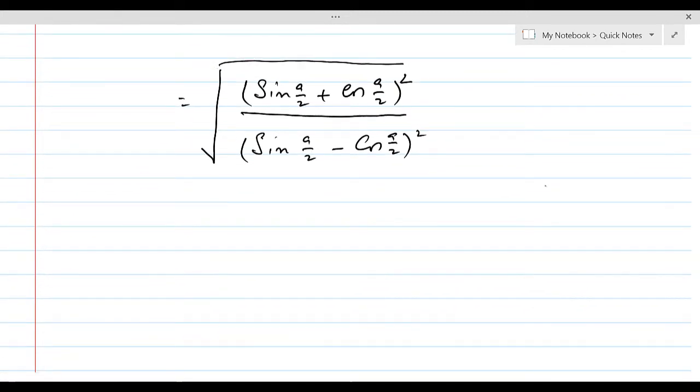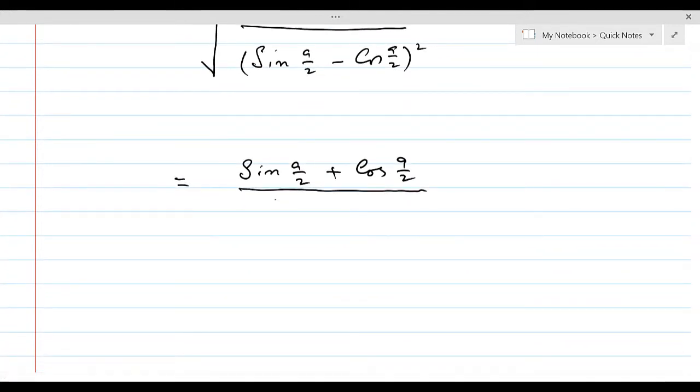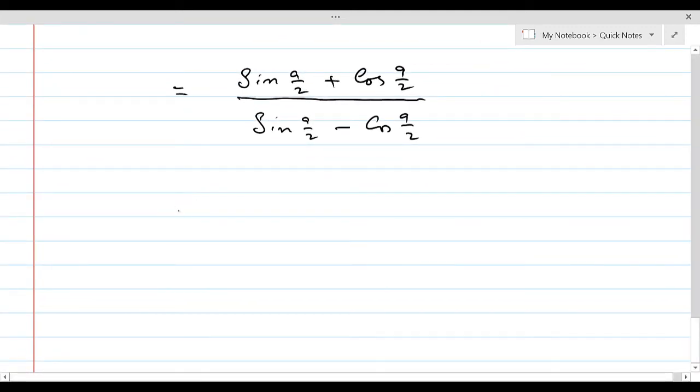The square will be cancelled with the square root, leaving behind sin A by 2 plus cos A by 2 divided by sin A by 2 minus cos A by 2. So this is what is on the right hand side, equal to right hand side.